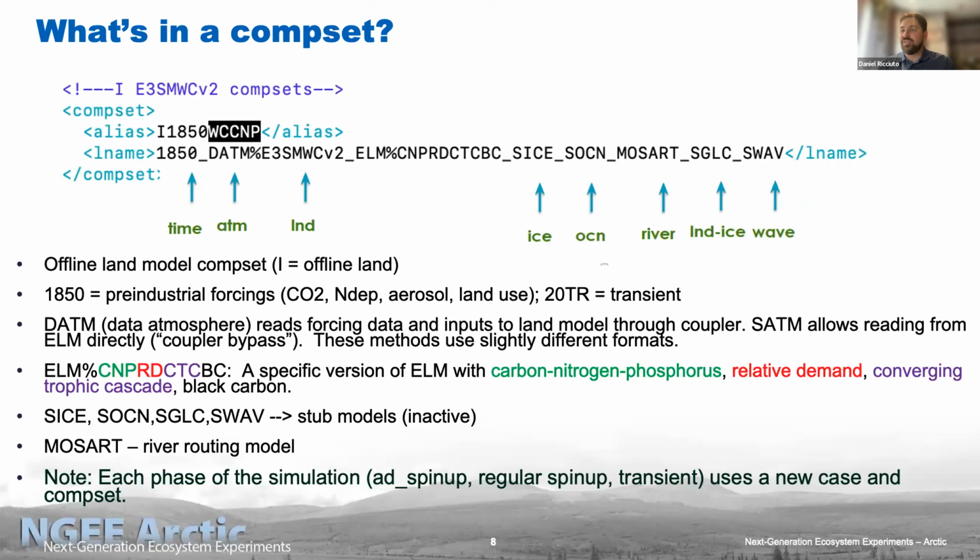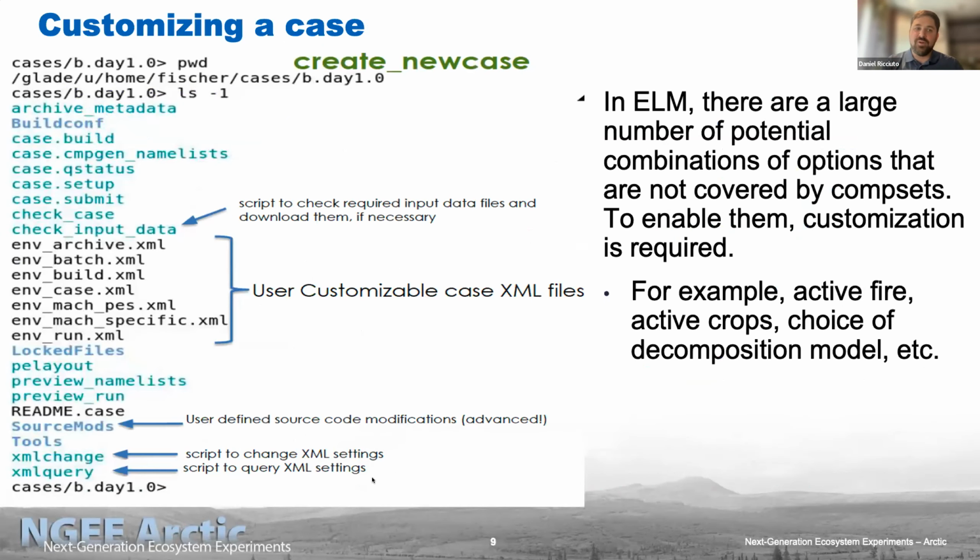At the bottom here, each phase of the simulation, the spin-ups and transient simulations that I mentioned, uses a new case and compset. If we want to customize a case, there's a large number of potential combinations of options that may or may not be covered by compsets, so we need to customize them.